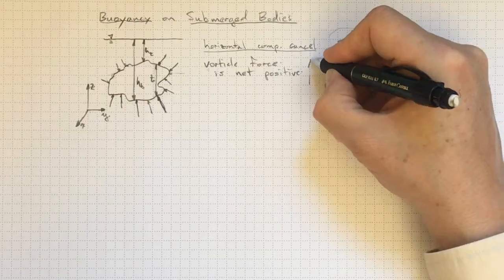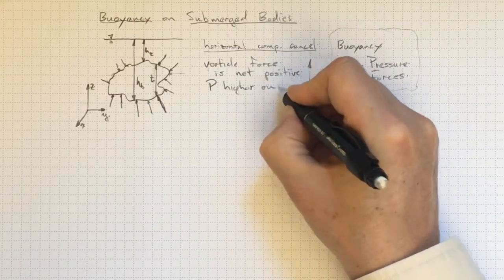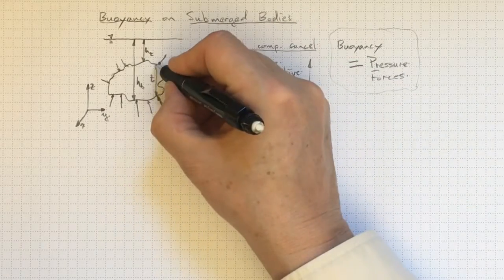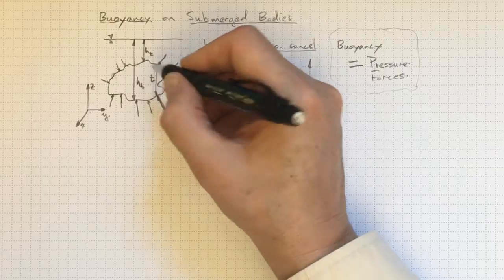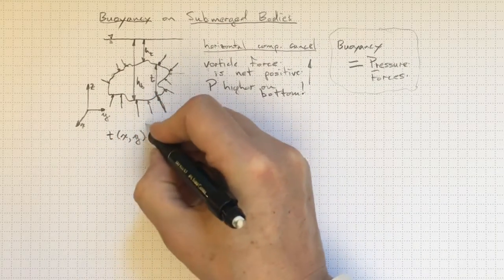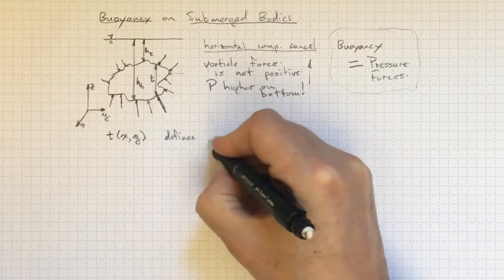That is, it's a force that's going upwards in the positive Z direction, and that's because the pressure is higher on the bottom. So let's look at our thickness as a function of position. That thickness will be a function of X and Y. That defines the shape.